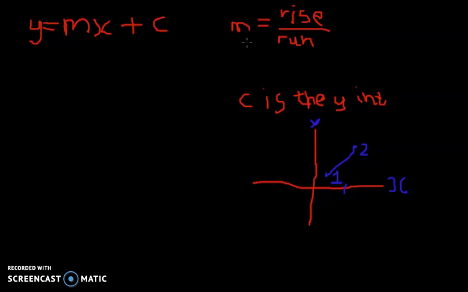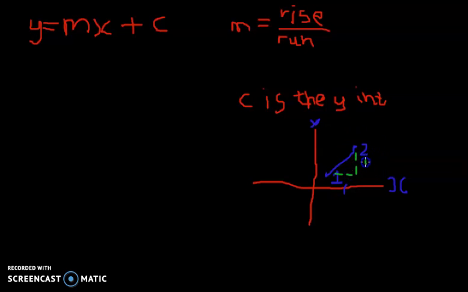Well, m is the gradient, which, if you have never come across it, means rise over run, which means how far it actually moves up. So how far the point moves. Let me just do that in a different color, so it's a bit easier. So how far up against how far along.